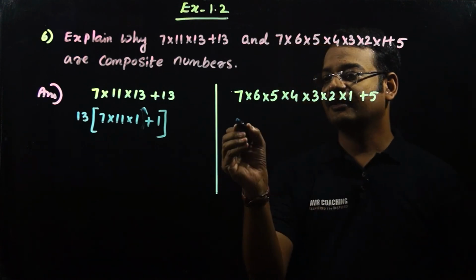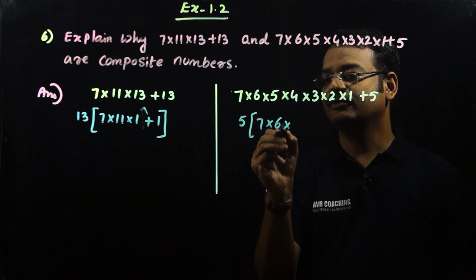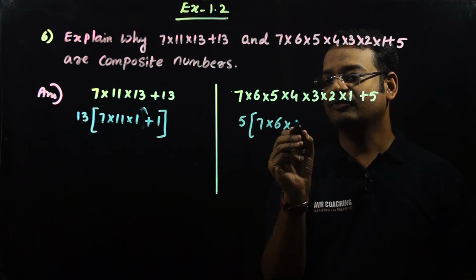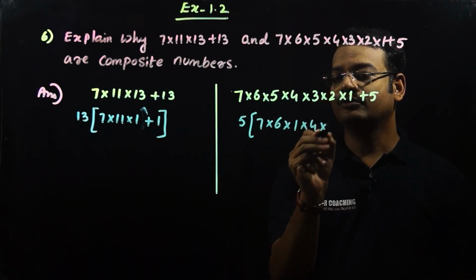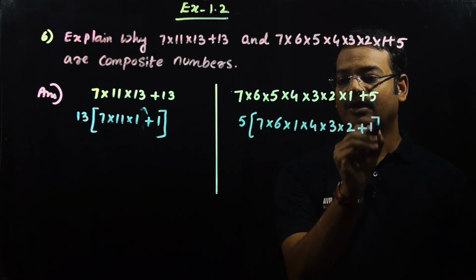And here we can take 5 as a common element, so 5 into (7 into 6 into 4 into 3 into 2 plus 1).